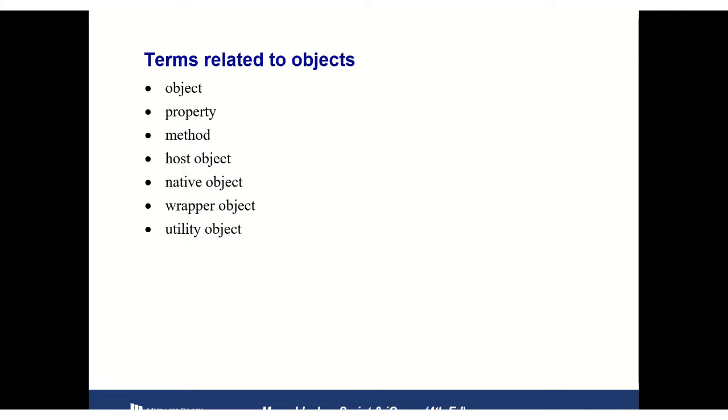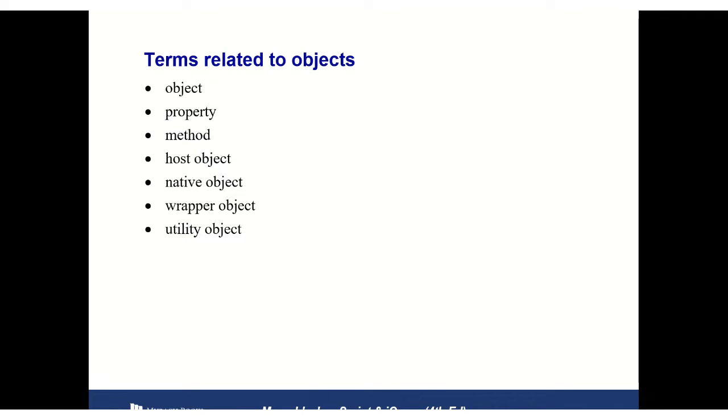For example, as I said, you can run JavaScript outside the browser, just like a Node.js application, but in general the examples of the host object include window, document, navigator, history. Some of the JavaScript native objects are object, array, date, function, and so on.